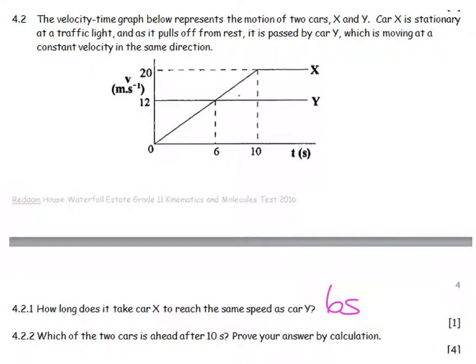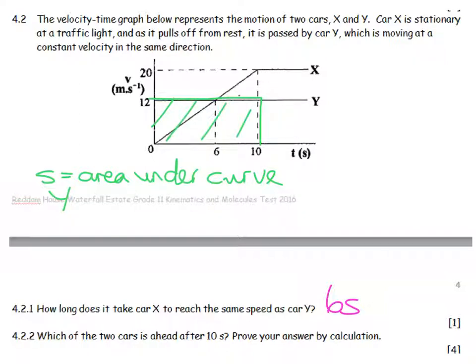Which of the two cars is ahead after 10 seconds? If I've got a velocity time graph, the displacement is equal to the area under the curve. So who's ahead? You need to see who's furthest after that period of time. First I'm going to calculate Y, and Y is a simple rectangle which is equal to 12 times 10, which is 120 meters.